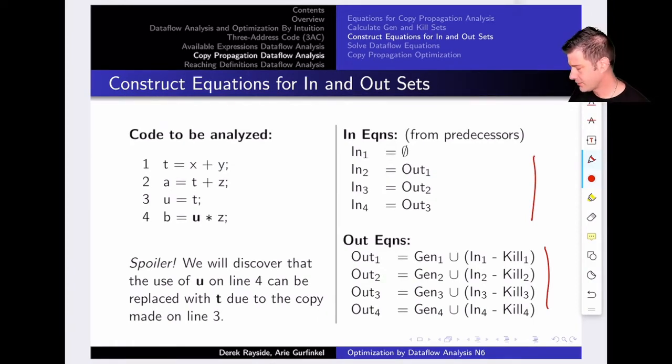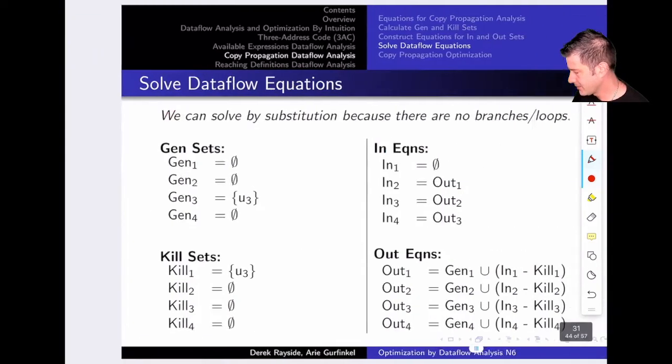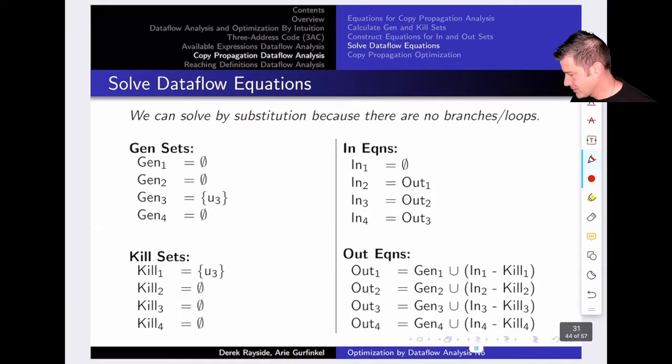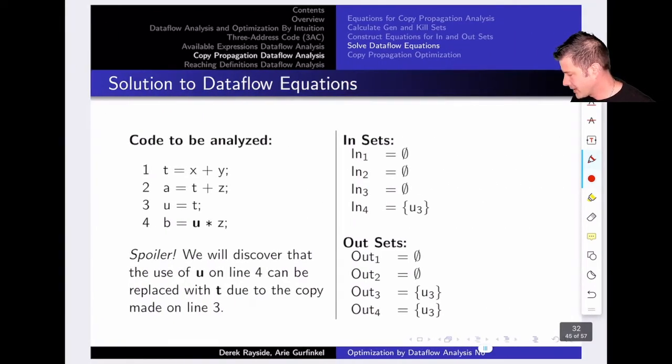Now it's sets of copies, not sets of available expressions. To solve it, again, we just plug things in and simplify, plug and simplify, plug and simplify. So this is our gen set. This is again the equations. We plug them in and we get the following thing.